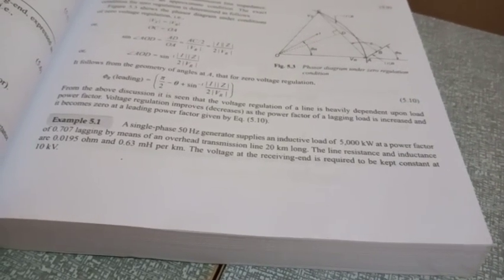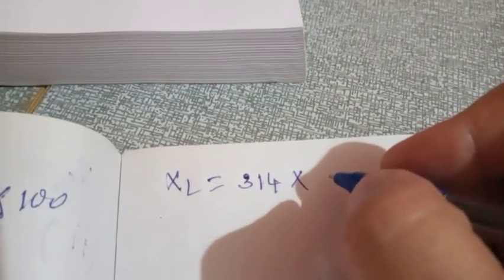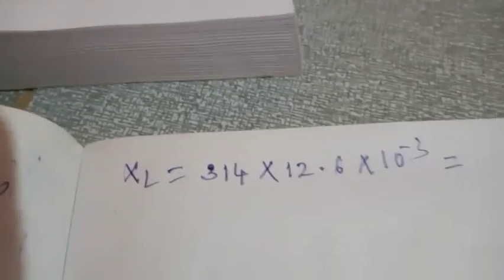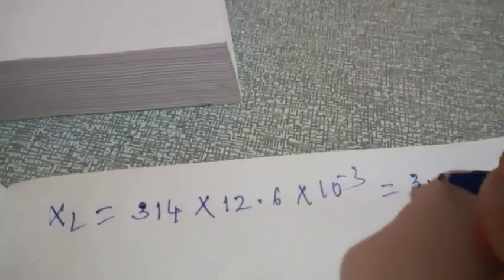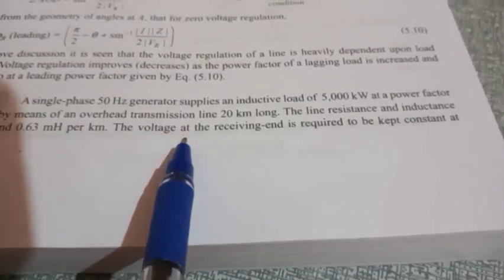It comes around 314 into L. L is 12.6 into 10 to the power of minus 3. It comes around 3.95 ohms.